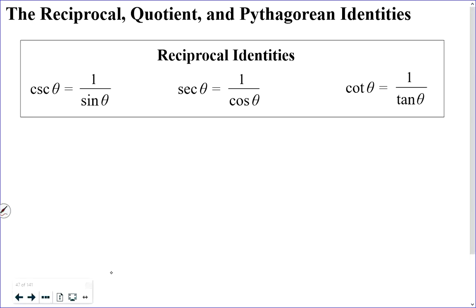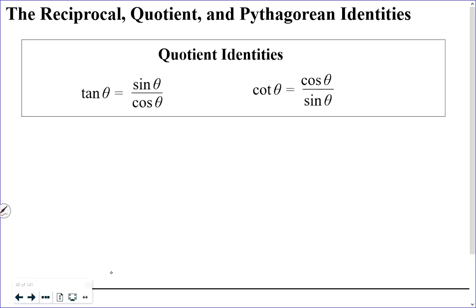These identities, which you already know, you've been given these, have a name. They are called the reciprocal identities, and you need to know the names of them. You need to know this is what they're called. But that's not hard, because when you look at them, they contain reciprocals. These are true for any permissible value of theta.